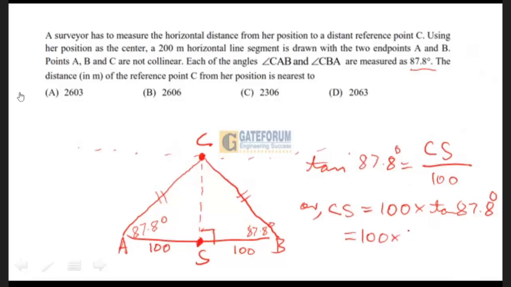It's pretty easy, it's 26.03. And even if you did not want to bring it out, I am sure experience might have taught you that tan 87.5 would be somewhat near 26.5, slightly less than 26.5. So 87.8 is around 26. So that would be equal to 2603, which is our option E. So that is the last sum.